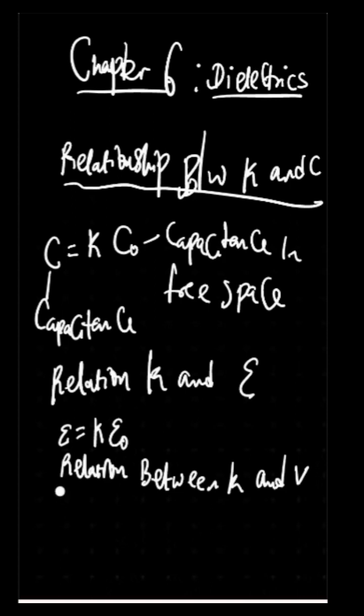The relationship here between K and potential difference is that K is equal to V naught over V, or in this case V naught is equal to K V, not like the other way around where we have C naught attached to K. In this case, V naught is K V. Having this in mind, let's talk about one more before we begin to solve the problems that are associated with this course.